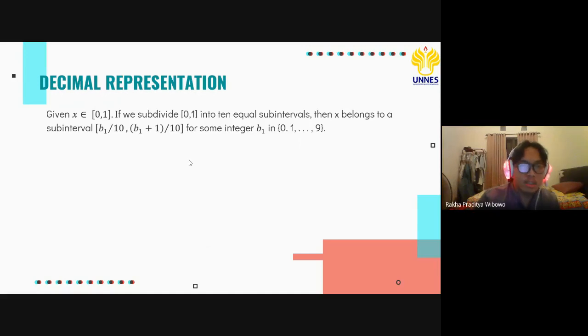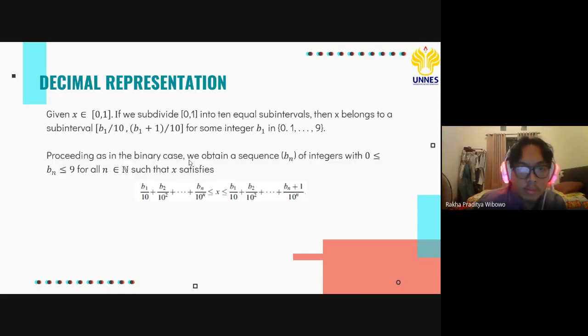Next we will discuss decimal representation. We are given x an element of the closed interval 0 to 1. If we subdivide the closed interval 0 to 1 into 10 equal subintervals, then x belongs to a subinterval [b1/10, (b1+1)/10] for some integer b1 between 0 and 9.